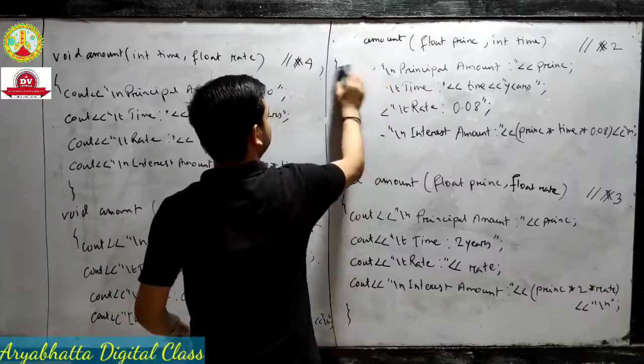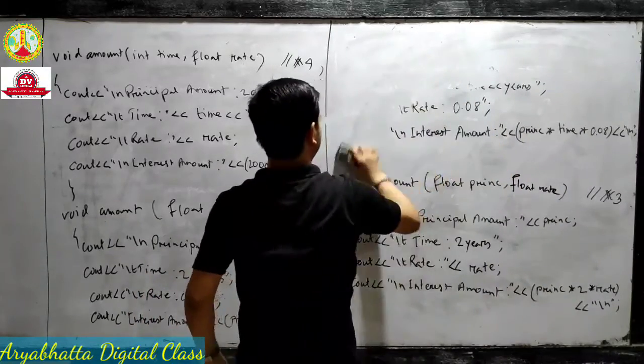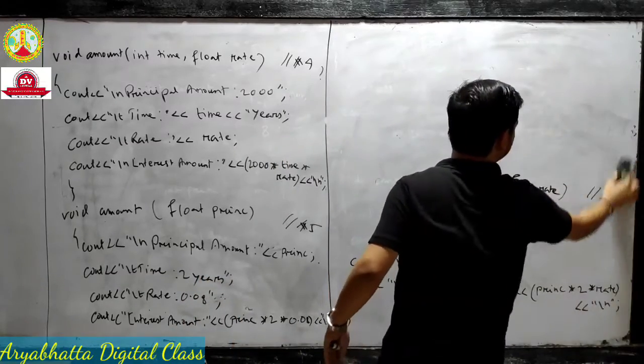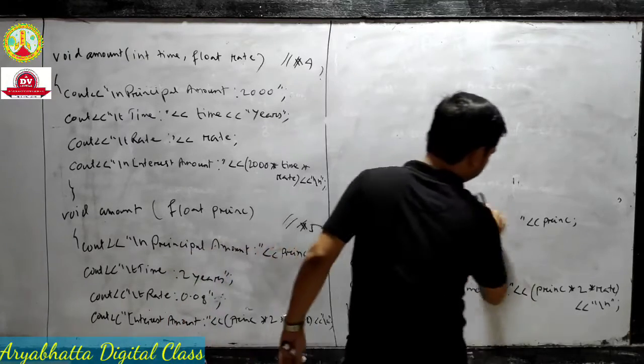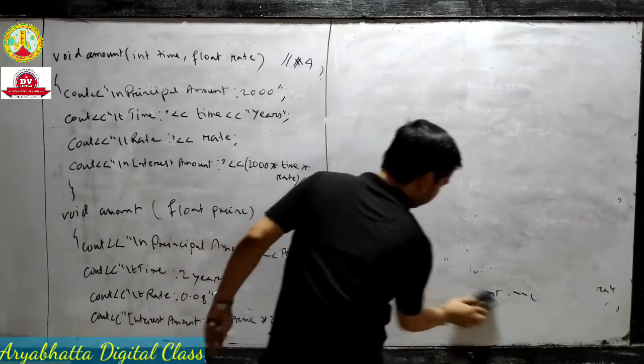After this I erase it. You write serially. After this we have to write the main function, and we take the cases. How many cases? 5 cases, because we declared 5 functions.